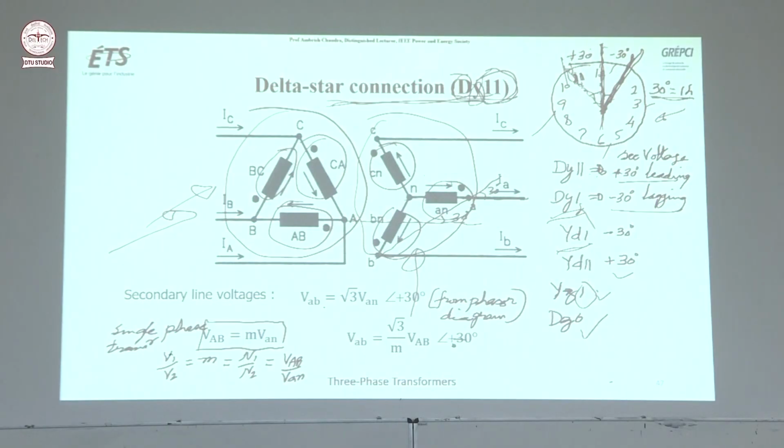So if you are looking at a single-phase transformer, this is the relation: V1 by V2 is equal to N1 by N2, you already know. And V1 on the primary side, we use capital letters. On the secondary side we use small letters. So you can write this relation, and then VAB equal to this.